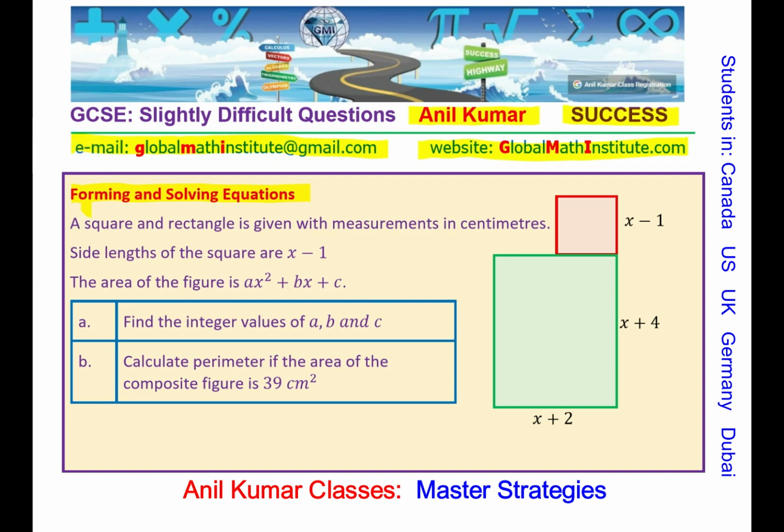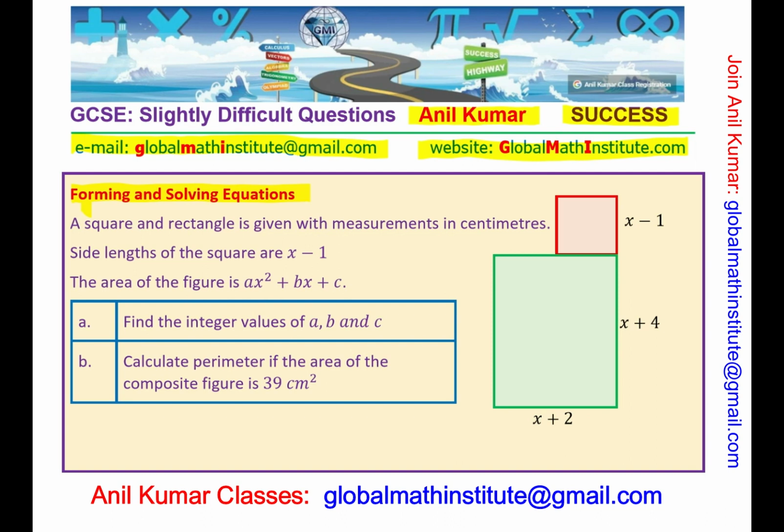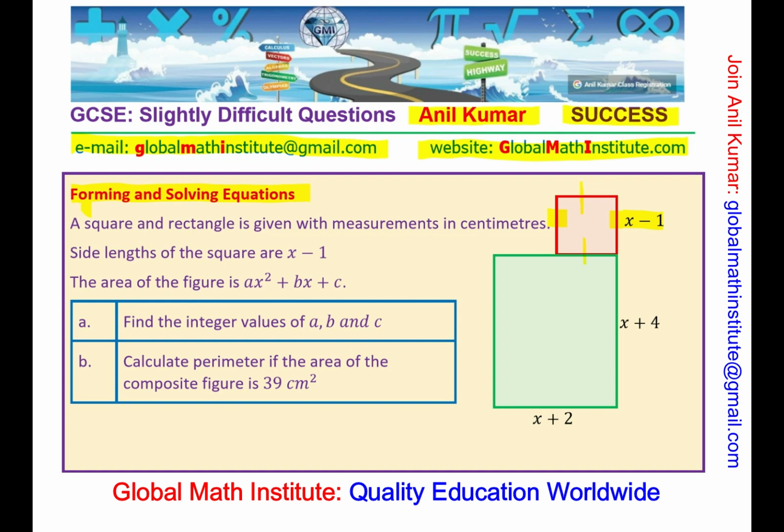Now, let's see what the question is and the strategy to solve it. A square and a rectangle are given with the measurements in centimeters. The side length of the square is x minus 1, so all four sides are equal. The area of the figure shown is ax square plus bx plus c.